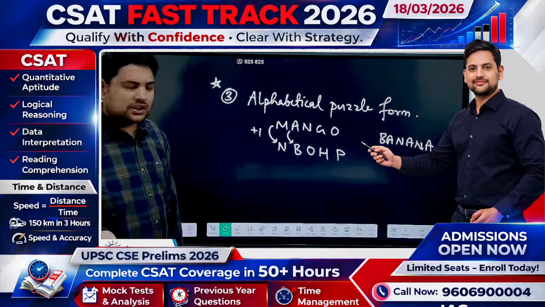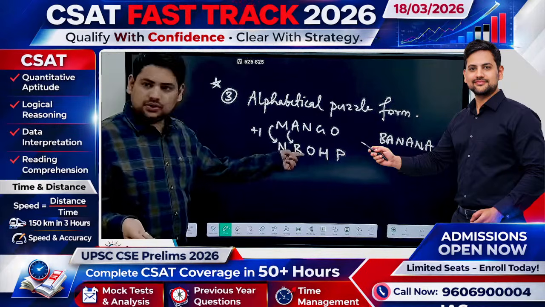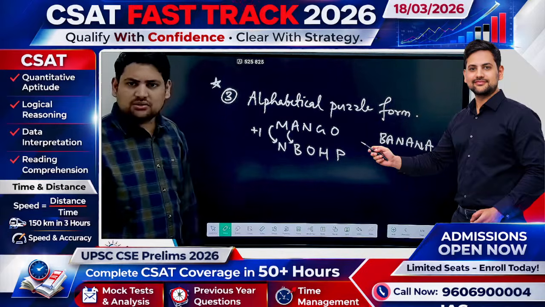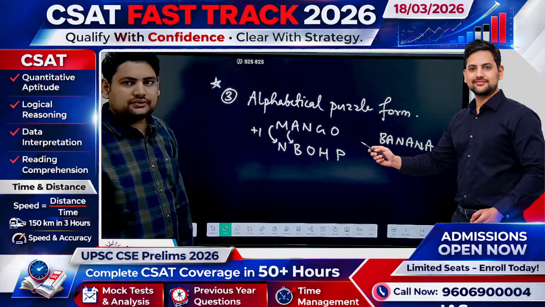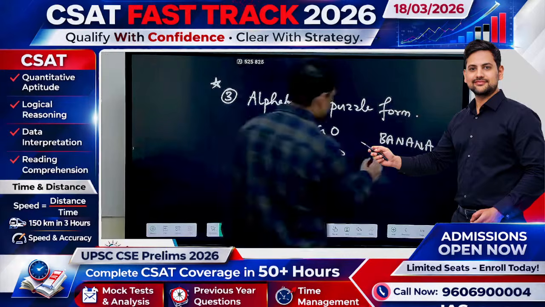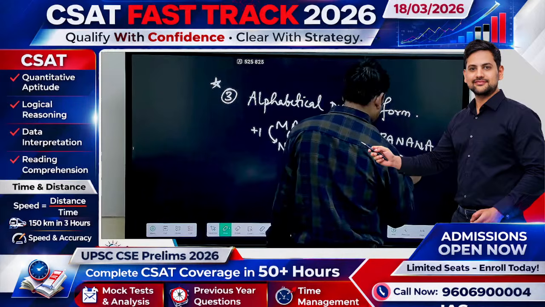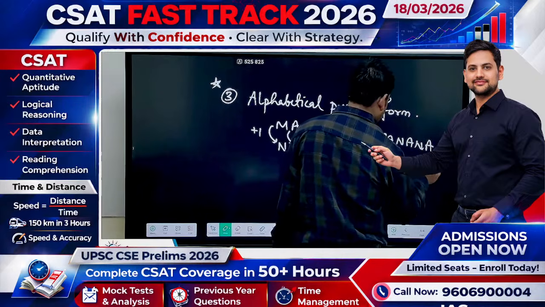Every letter we are doing the same thing. So A becomes B, N becomes O, G becomes H, O becomes P. Similarly, we can do it in banana also. This will be C, B, O, B, O, B.